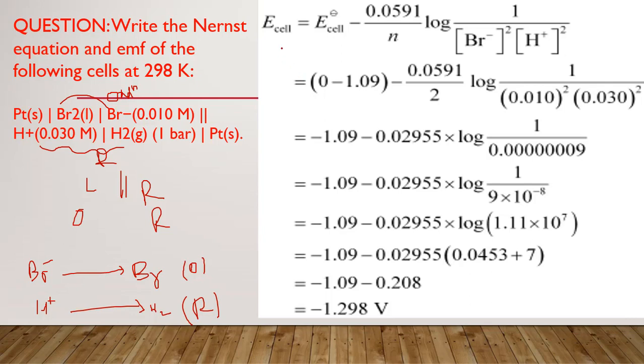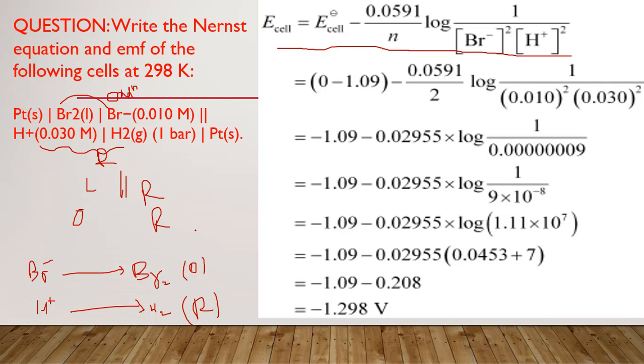E cell equal to E naught cell minus 0.059 by n log product concentration by reactant concentration, actually K that one. Here product is the bromine liquid, no need to take. Hydrogen is given 1 bar, so you can take only 1. Then reactant concentrations, see Br minus.